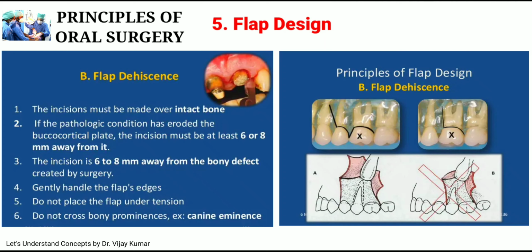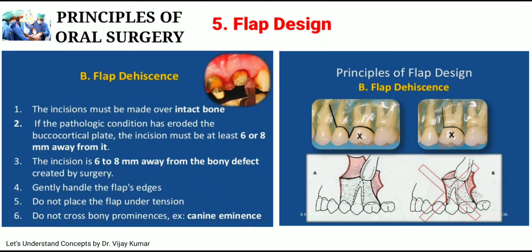The second complication is flap dehiscence. The incision should be made over intact bone, which will prevent flap dehiscence. If a pathological condition has eroded the buccocortical plate, the incision should be kept at least 6 to 8 mm away from the eroded plate or defect.